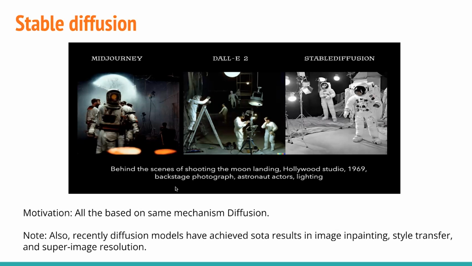You can give it some text, and based on the text, it can generate images, or you can give it your image and tell it what you want to change or what output you want. This is the use case of generative AI in computer vision. All of these are based on the stable diffusion algorithm, which I will cover next.